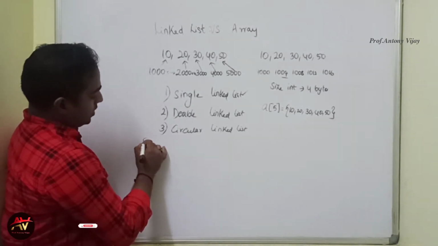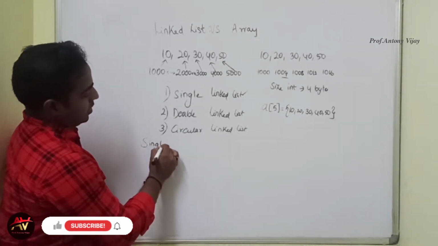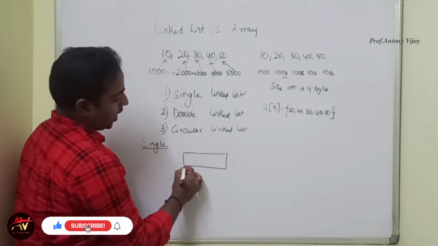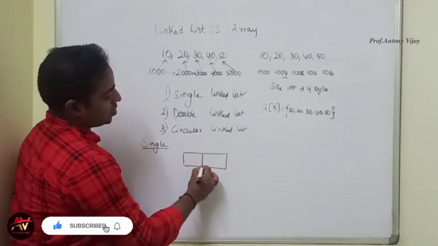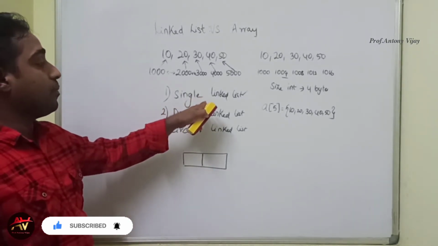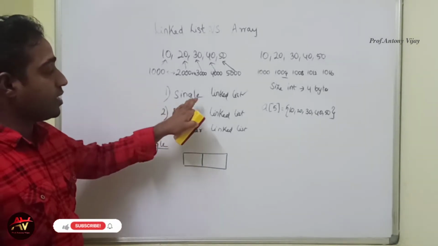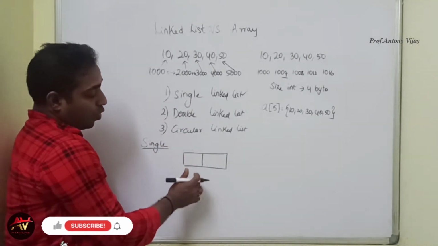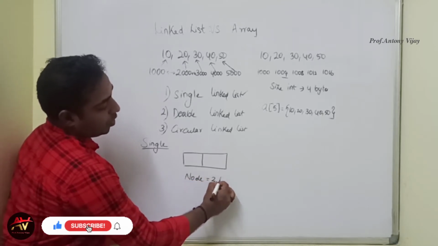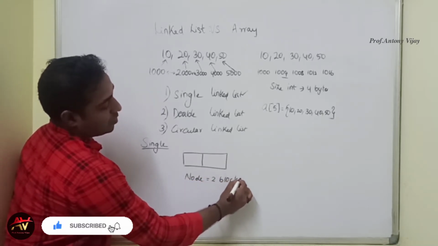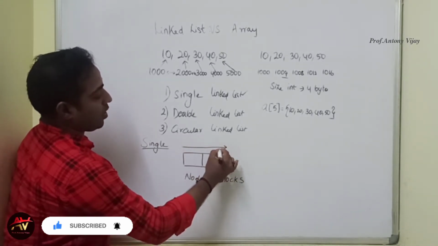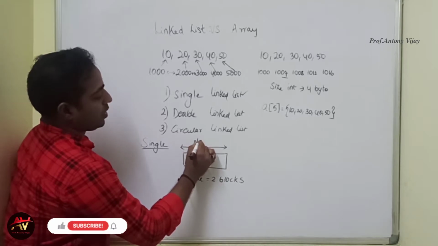When I talk about single linked list concept, I am taking one node. A node can have 2 blocks. These blocks can vary from one type to another type, keep in mind. So for single linked list, one node can have 2 blocks. This whole part is called a node.